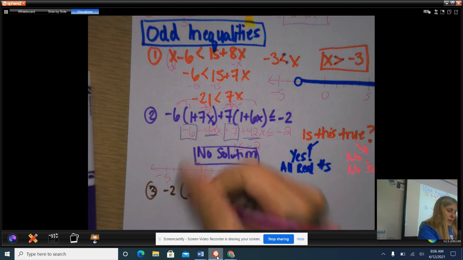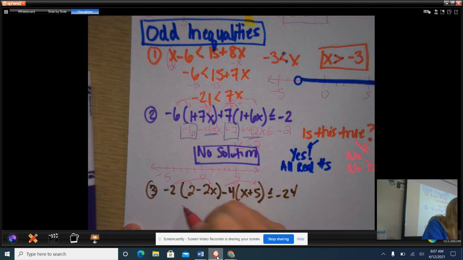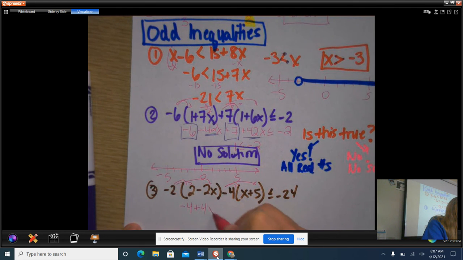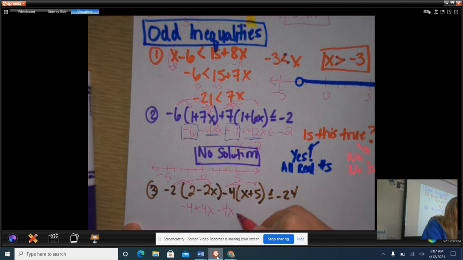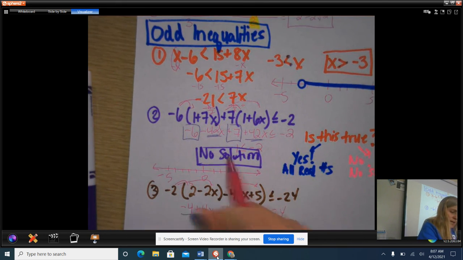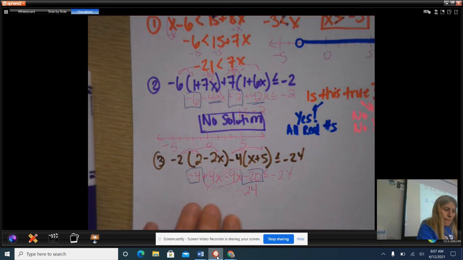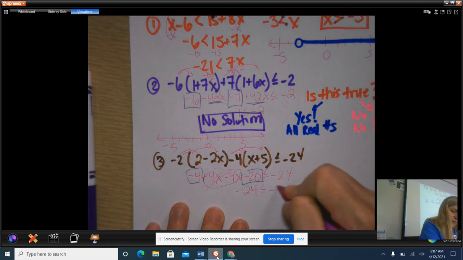Once again, we're going to distribute. We have negative 4 plus 4x minus 4x minus 20 is less than or equal to negative 24. We're going to combine like terms. Negative 4 minus 20 is negative 24. Our 4x minus 4x cancels out, and we have less than or equal to negative 24.